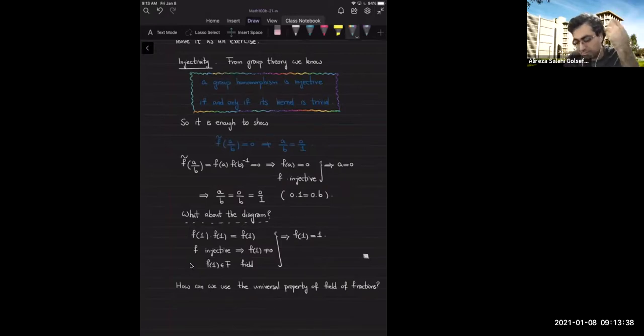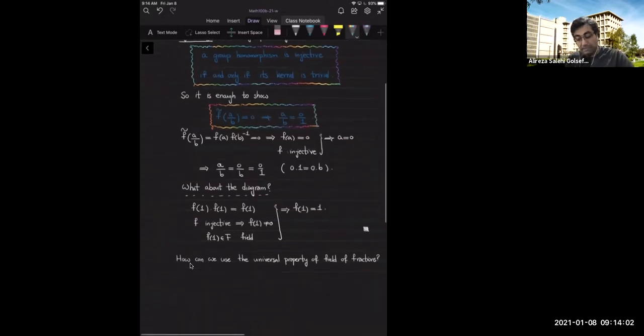So this means we have to show that if F tilde of some fraction is 0, then that's the 0 fraction. If we show this, then we are getting injectivity of F tilde. So again, in order to show that F tilde is injective, we need to show that if F tilde of a fraction is 0, then that fraction is 0.